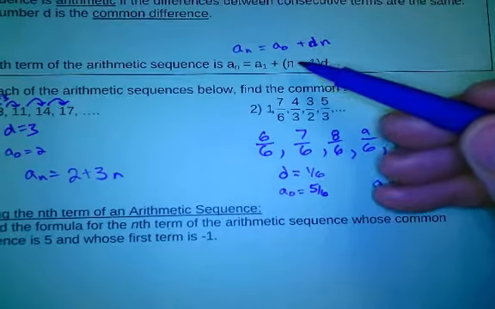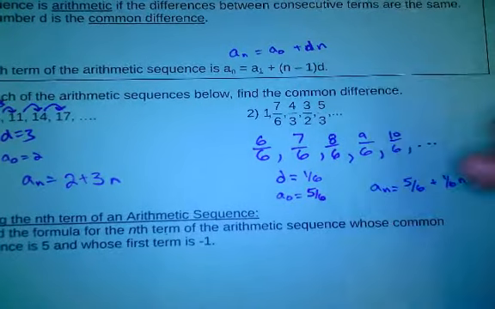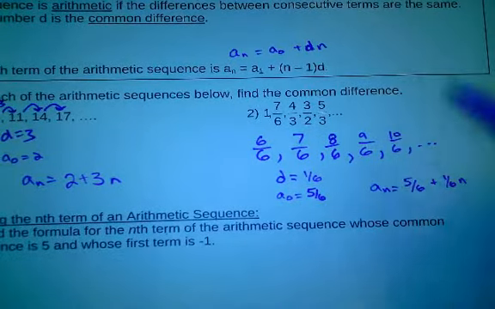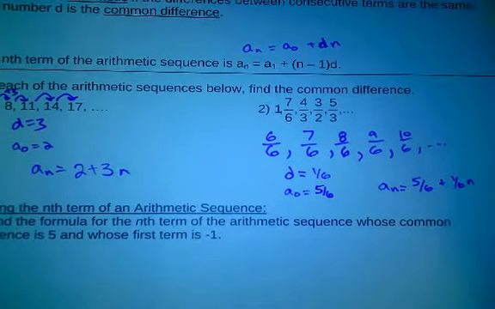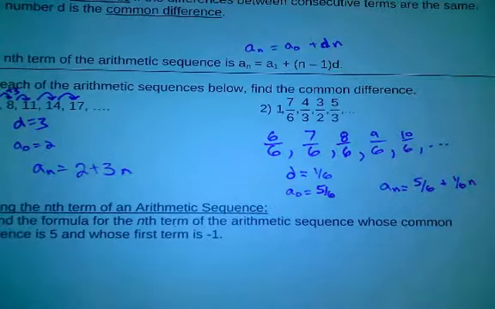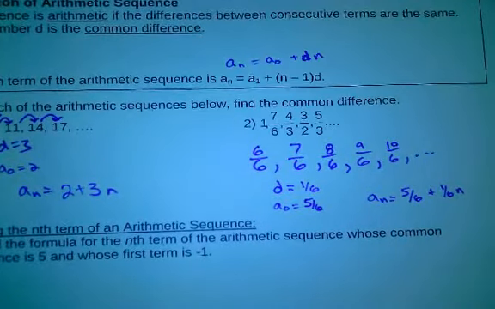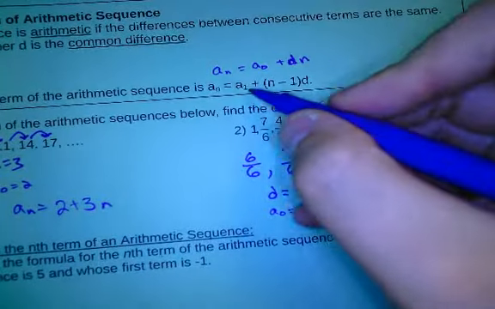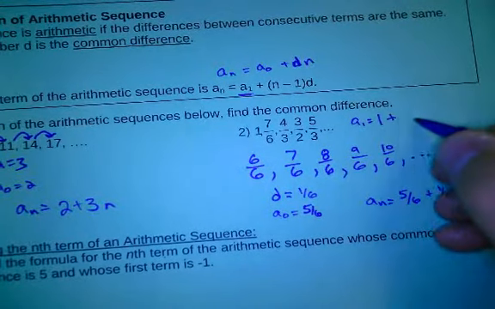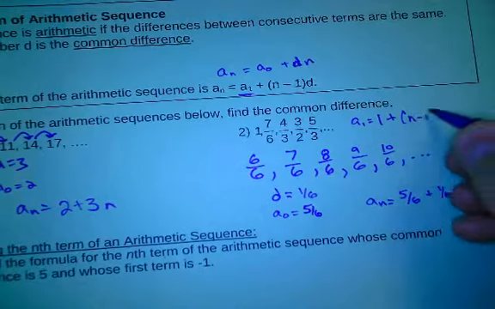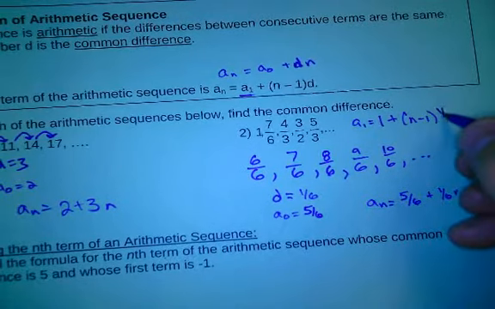Now, could you use this formula? That'd really be a bummer, because we got fractions and stuff. So, I think we're just better off doing what we're doing. Okay, so for the other formula, a sub 1 here is 1 plus n minus 1, and then the difference is 1/6.